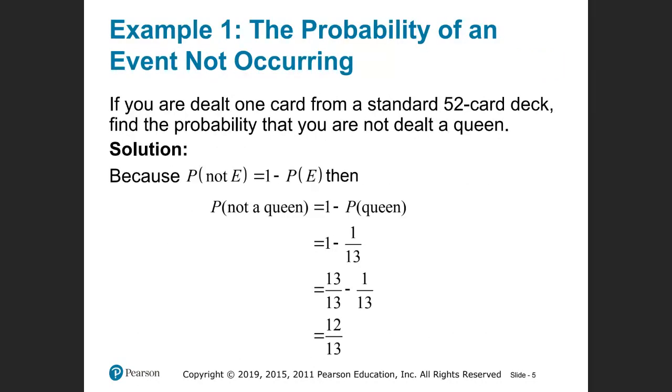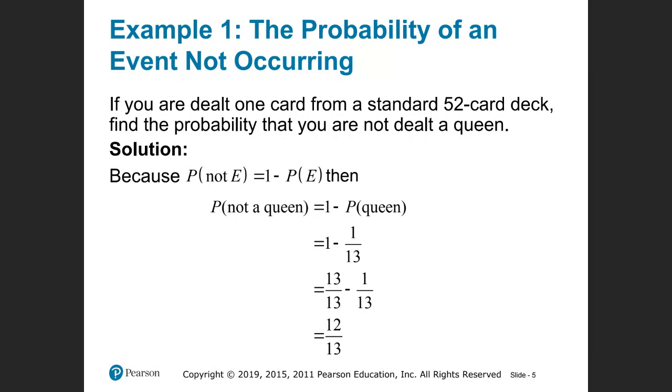Example 1, the probability of an event not occurring. If you are dealt one card from a standard 52 card deck, find the probability that you are not dealt a queen. Because the probability of not E is equal to 1 minus the probability of E, we're going to find the probability of not E equals 1 minus probability of queen.